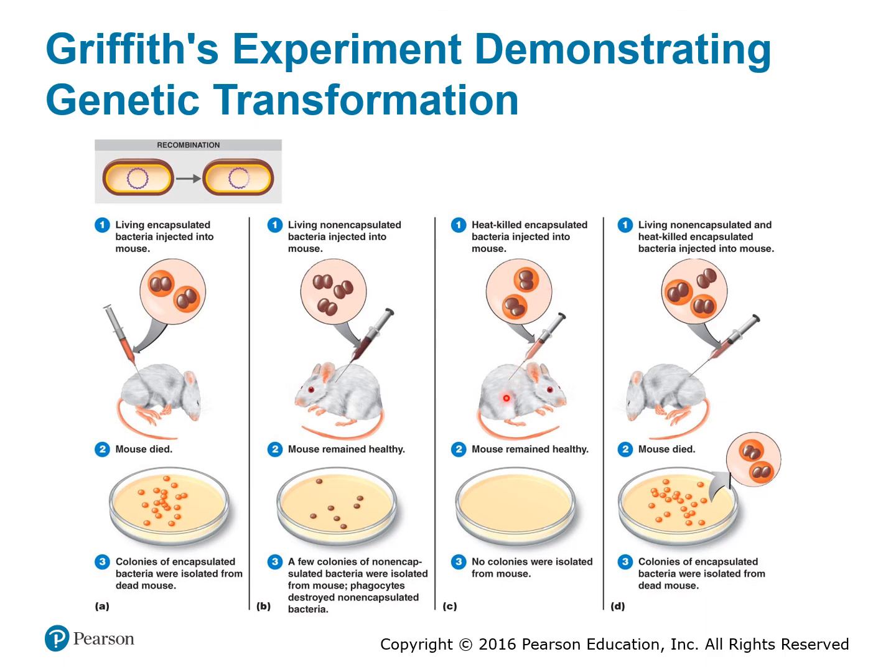When they injected the mouse with those heated encapsulated bacteria, the mouse did not get infected and was healthy, and they were not able to isolate any colonies because those were already dead. They had injected this mouse with dead bacteria, so of course, no colonies were expected.